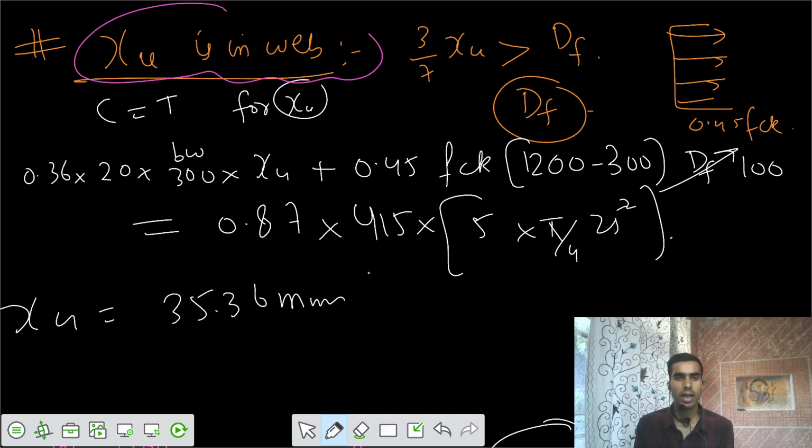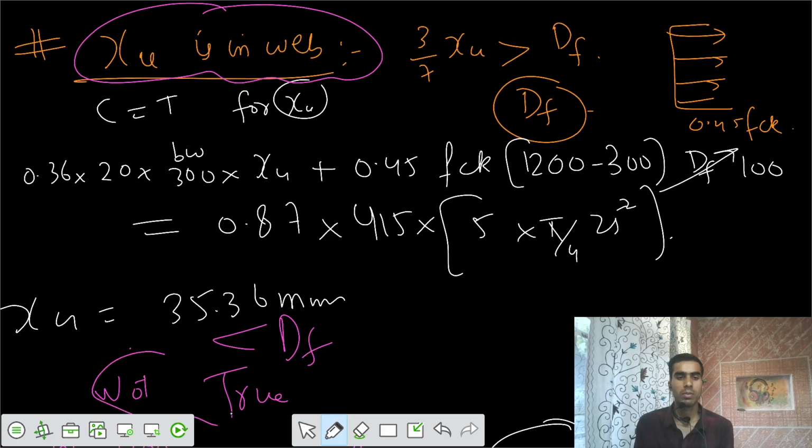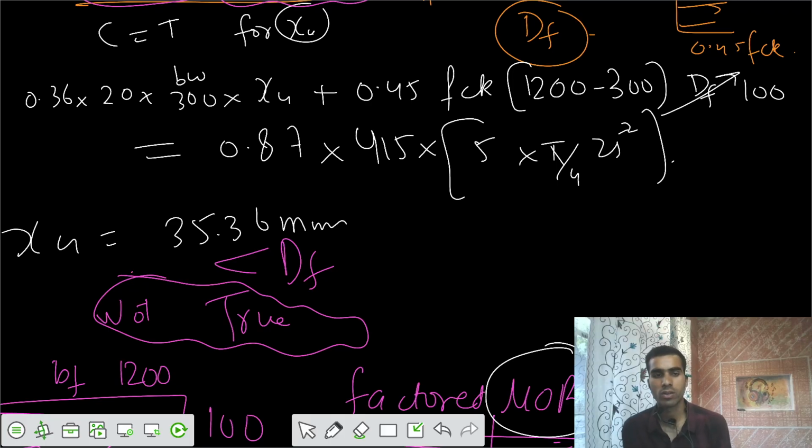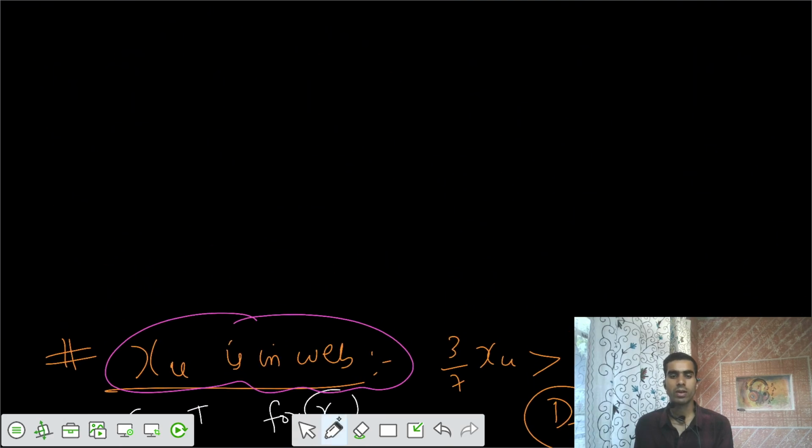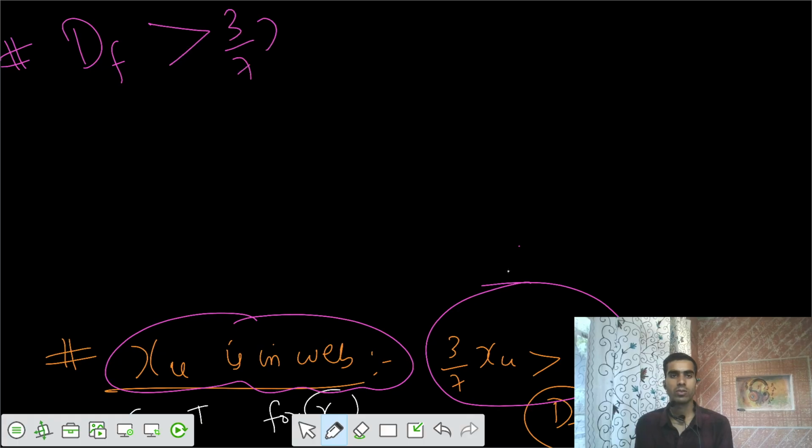But I assumed that xu is in the web, and I got xu that is lesser than Df. It's not true. The calculation is true, but the assumption is not true. So we need to say the final location of the neutral axis is such that Df is greater than 3 by 7 of xu.